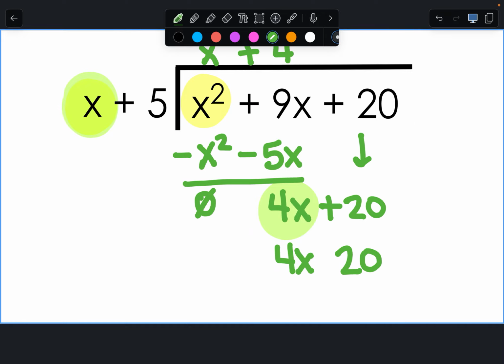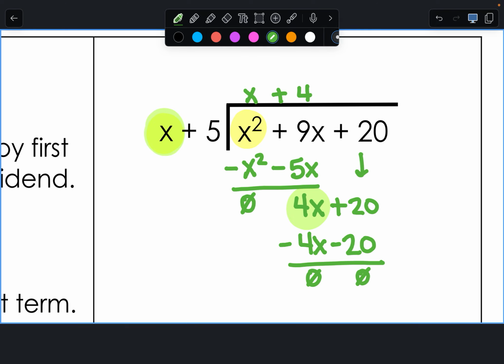If you get a positive 4x, you subtract. If you get a positive 20, you subtract. So notice both of those end up zeroing out, canceling out. So your quotient is x plus 4. So add the opposite or subtract the opposite. Which one would make more sense for you?